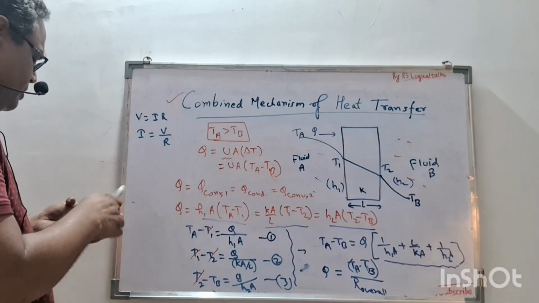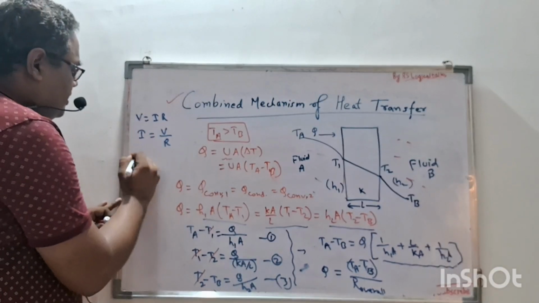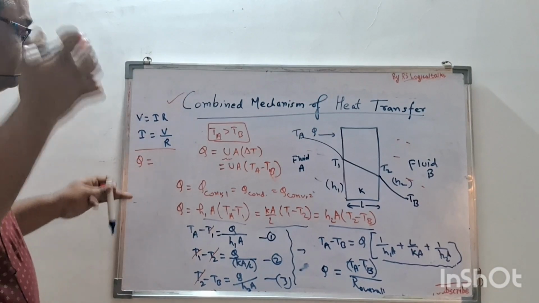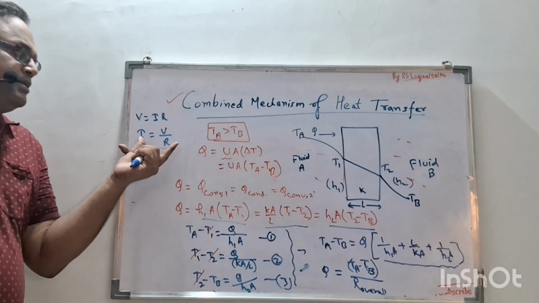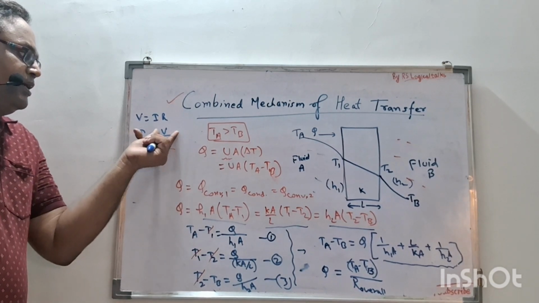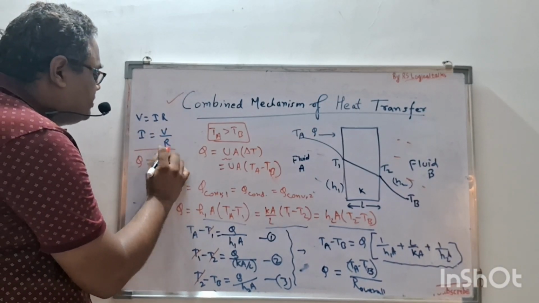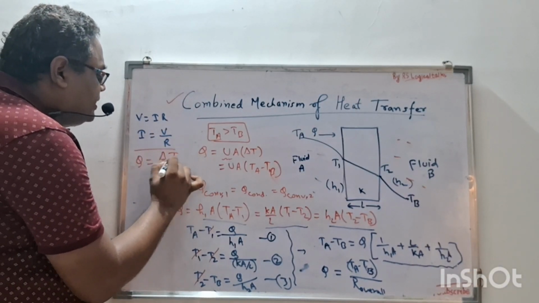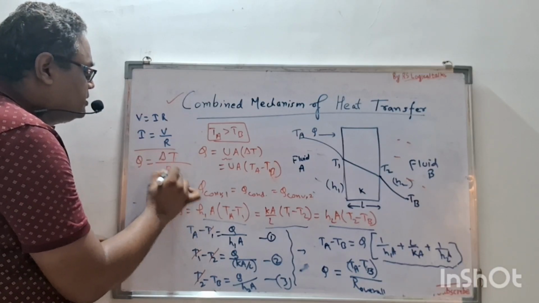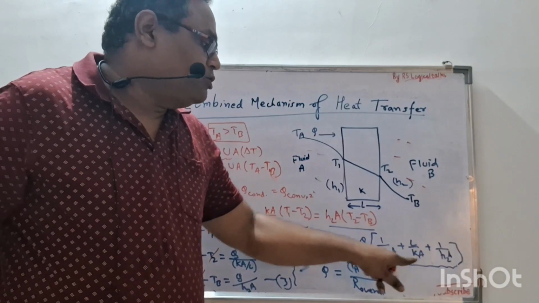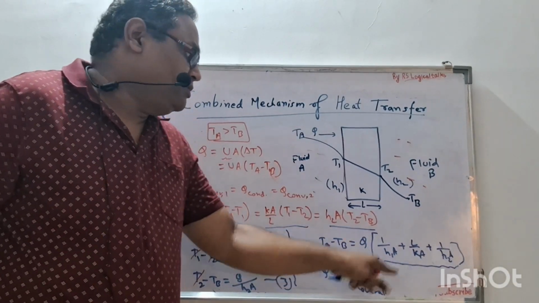Here, in place of I, we see Q in heat transfer. For the electrical part, the current will be the voltage difference divided by resistance. Here, in place of voltage it is the temperature difference, delta T, and the resistance is this value: two convection resistances and one conduction resistance.